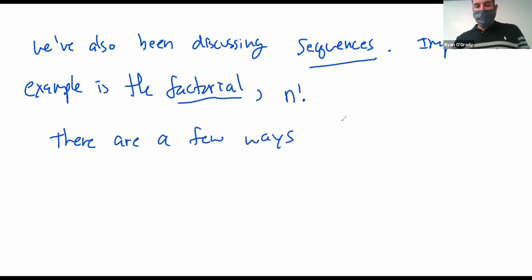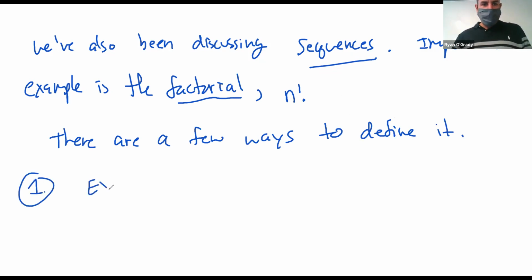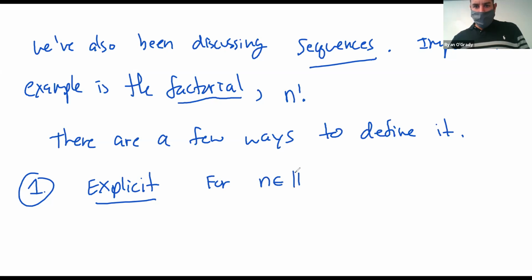What we're going to do, though, is study it two ways. We're going to define it two ways that are equivalent. The first one is an explicit definition. For n in the natural numbers, n factorial. For those of you who haven't seen this before, it's n with an exclamation point.